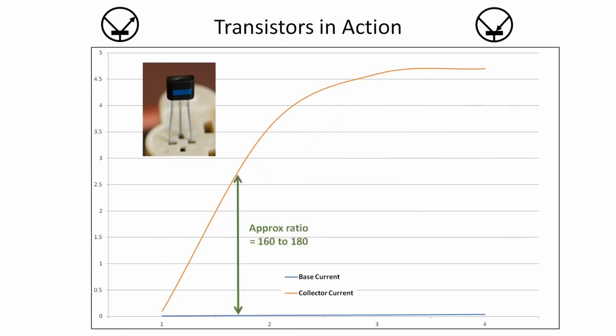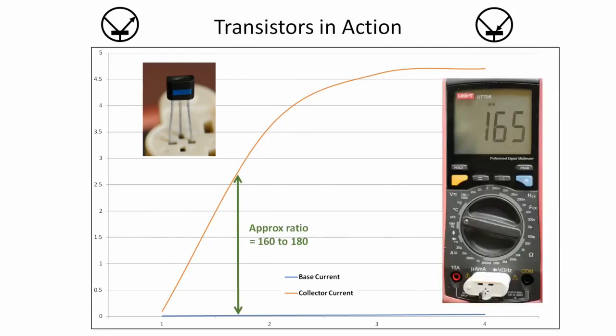Again, if we take the midpoint of the rising curve, the ratio there is approximately 160 to 180, and if we check the HFE, it comes out as about 165. So you can see those two NPN transistors both have quite different HFEs or betas, and the gain is quite different. And you can certainly have gains larger than that as well.